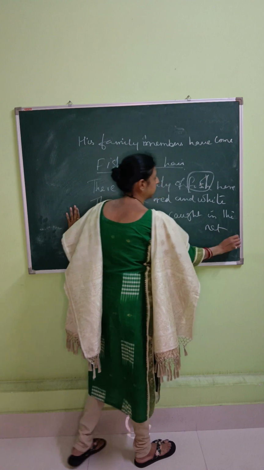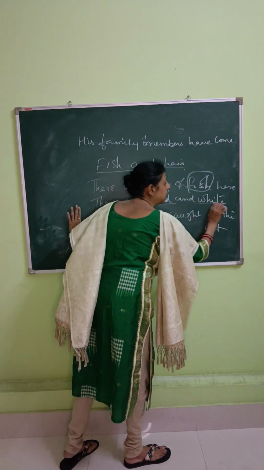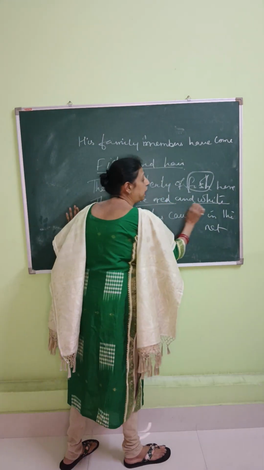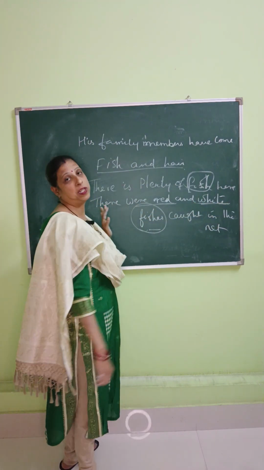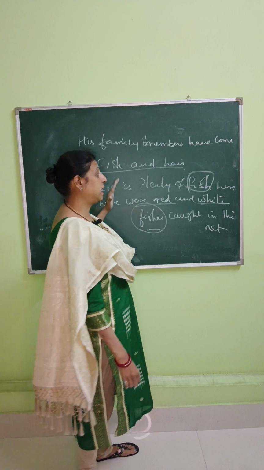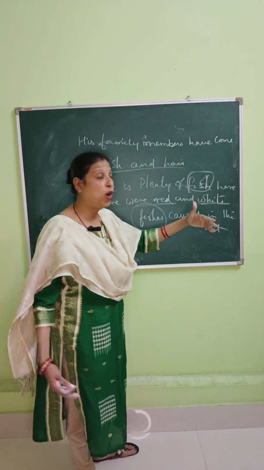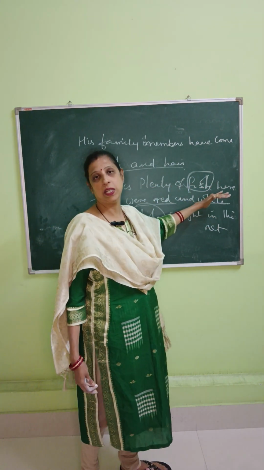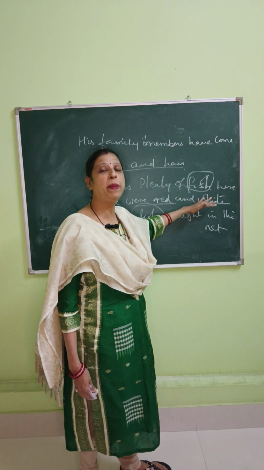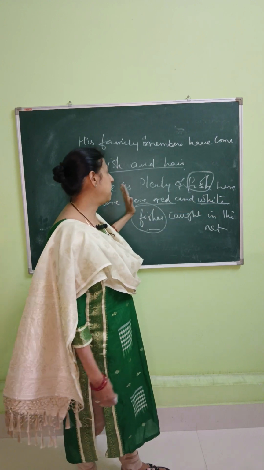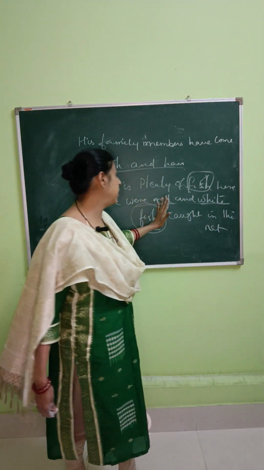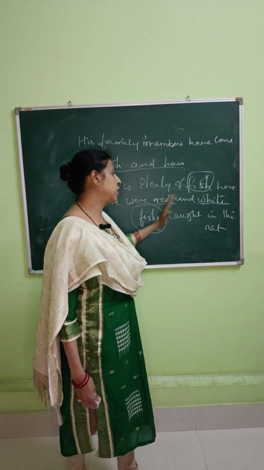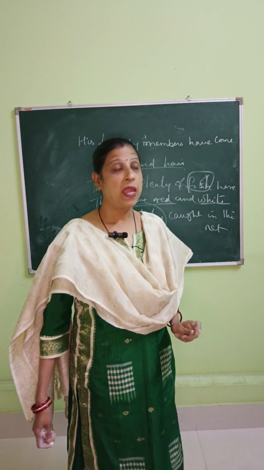I can say this because I am separating the fishes, so I am using the plural word fishes. If I am using it in collective form, then I will not change it into plural. It will remain as it is. There is plenty of fish here. Here there were red and white fishes caught in the net.